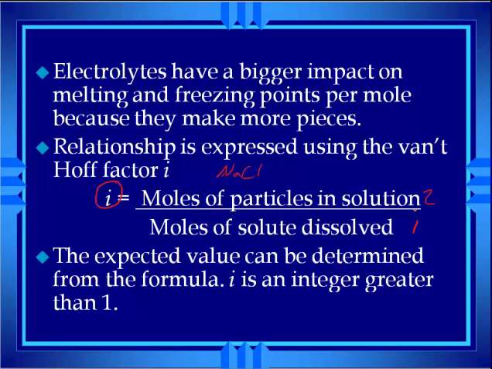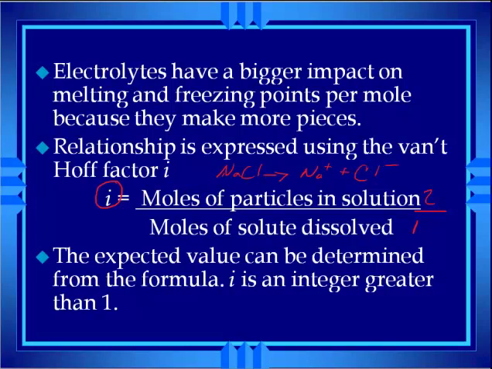I would have 2, right? So the van 't Hoff factor is 2. So basically, even though it seems wordy and kind of technical, all i is, is how many ions you get when your electrolyte breaks up in water. So that's really all it is.